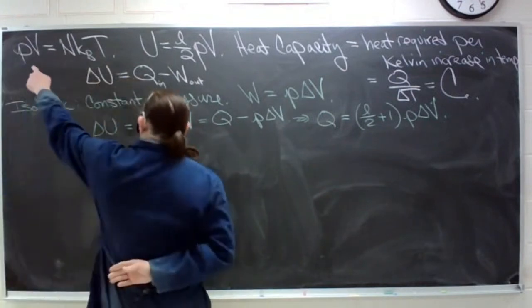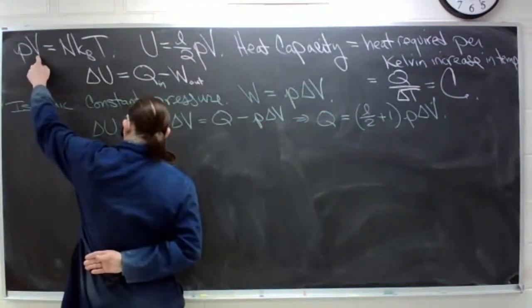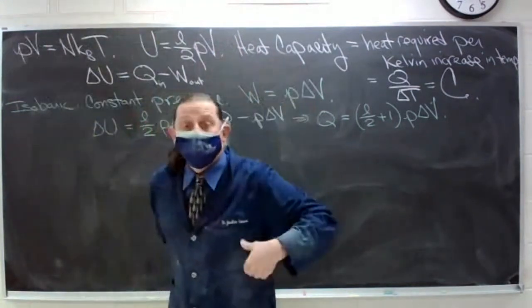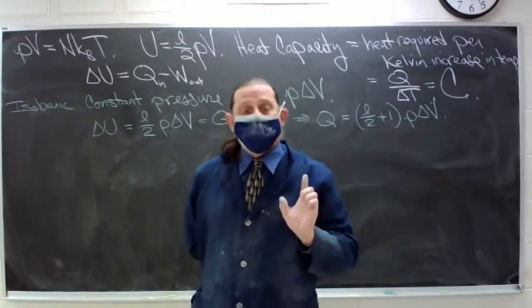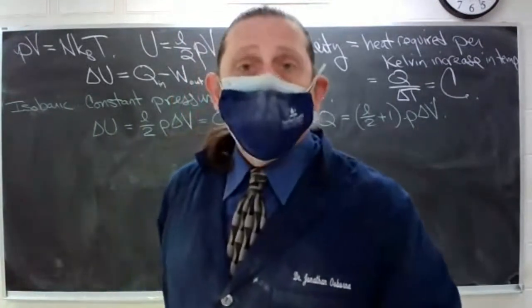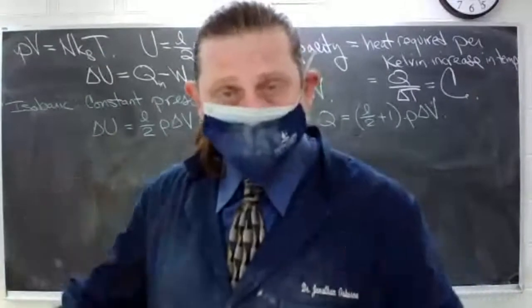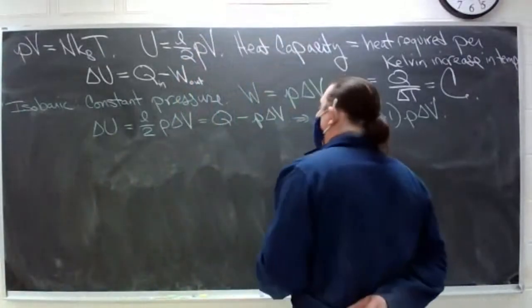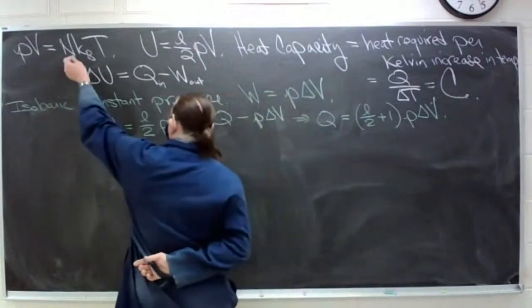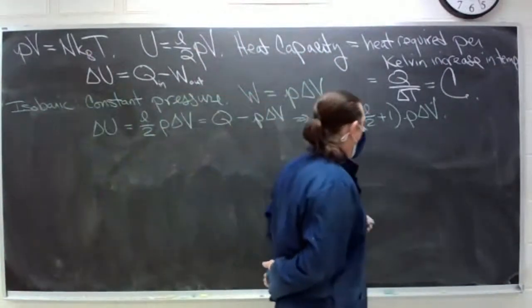Now, the pressure times the change in volume for an isobaric process with a constant number of molecules, so a closed system where the molecules can't come in and go out, is equal to N k Boltzmann change in temperature.